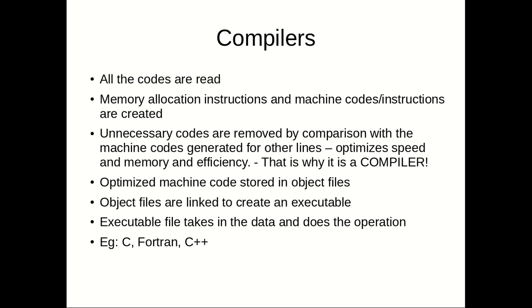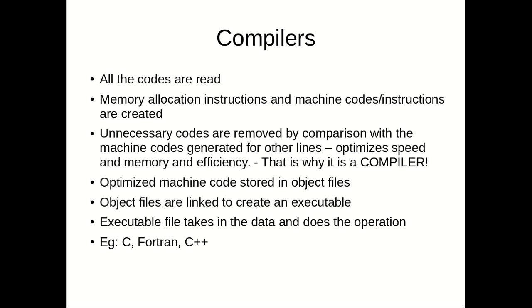These codes are actually checked to see if they are working fine, and the unnecessary and redundant codes which get generated in this process are removed. What I mean is, for each and every line some machine level instructions are generated, and they are compared with the machine level codes generated for the program lines above and below and everywhere.